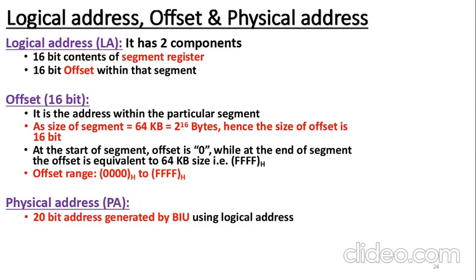As we know, even in the pipeline operation of the 8086 processor, upon startup, the contents of the code segment register and its corresponding offset in the IP, instruction pointer register, these two 16-bit logical address components are used to generate 20 bits of memory address. And this 20-bit memory address is nothing but the physical address, while fetching the instructions.